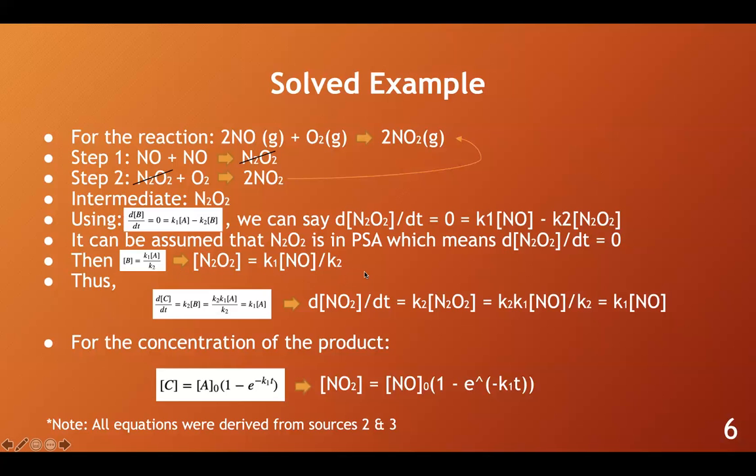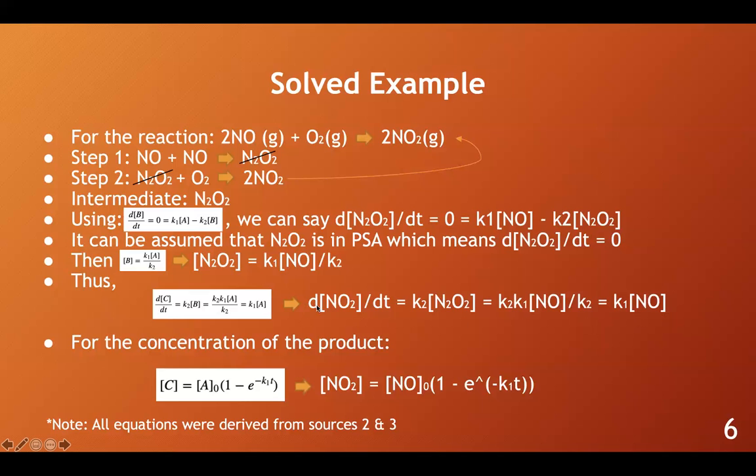Using the second equation, we can tell that the concentration of the intermediate is equal to K1 multiplied by the concentration of the reactant divided by K2. Again, using the equation derived in the previous slide, we can conclude that this expression defines the change in concentration of the product.